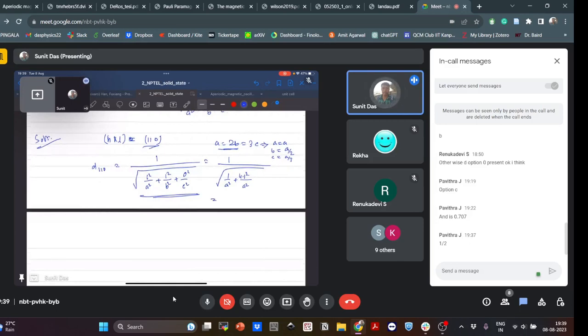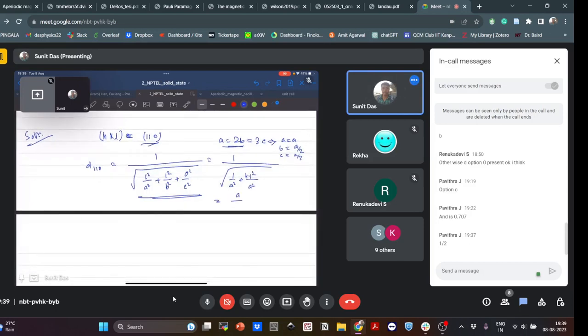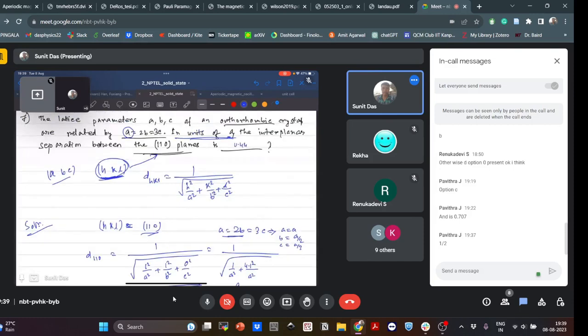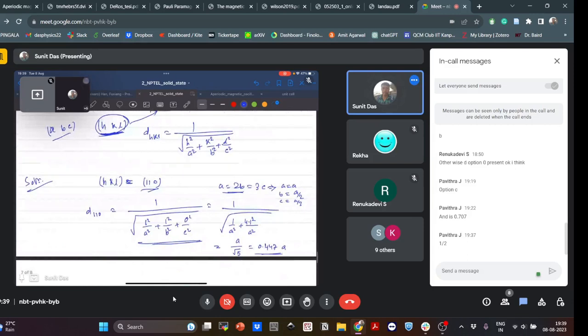So what will that be? Root 5, a by root 5. So this will be around 0.447 a, right? This is the right answer. No, not half.